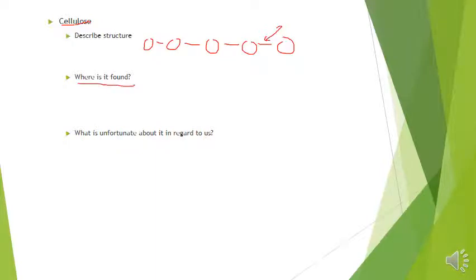These are found in plants, usually in stems or tree bark, the parts that, if you were to eat a plant, you can't eat. In a sense, it's kind of like the fiber. So when they talk about fiber, if you eat some vegetable, some of it you're not going to digest, and it's because it's made of cellulose.